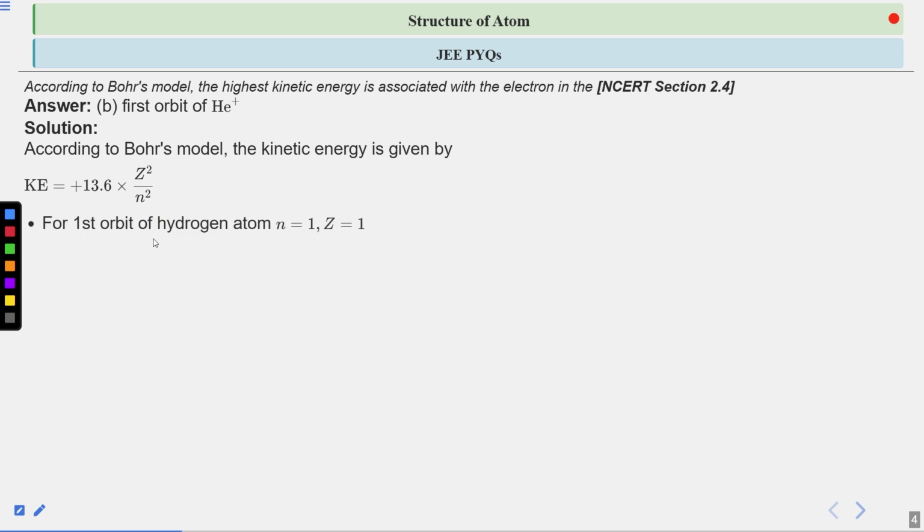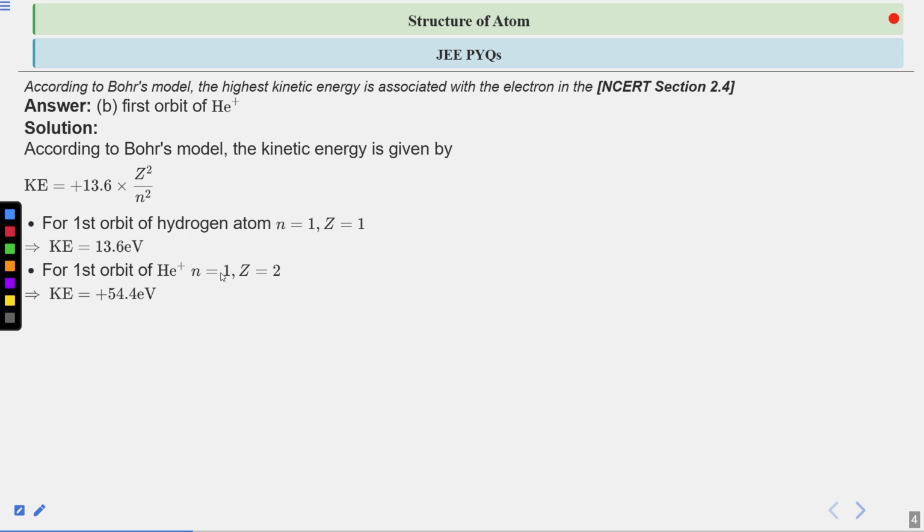Now for the first orbit of the hydrogen atom, n is equal to 1 and Z is equal to 1. Therefore, your kinetic energy simply becomes 13.6 electron volt. Then in the second option, we have the helium plus atom. So n is equal to 1 for helium plus, first orbit, and Z is equal to 2 since there are 2 protons inside it.